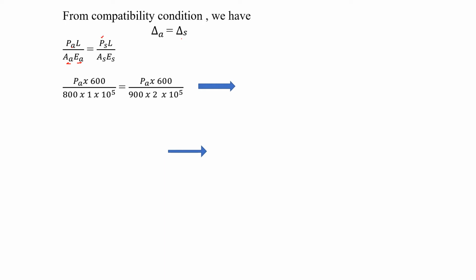Here the load taken by steel, length is the same for both steel as well as aluminium, area of steel and modulus of elasticity of steel. Substituting all these values, we will obtain the relation between the load taken by steel and aluminium as PS is equal to 2.25 PA.